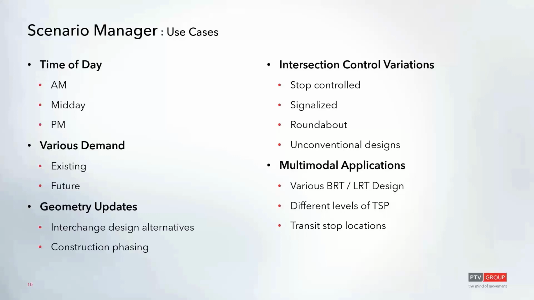Or you can also use it to model different transit options. So maybe you want to add in and see what a BRT looks like. Or maybe you want to take an existing transit network and see what the impact is if those stop locations change. And so with the use of Scenario Manager, you can really build up many different types of network changes, and then you can easily combine them depending on what you're looking to model.